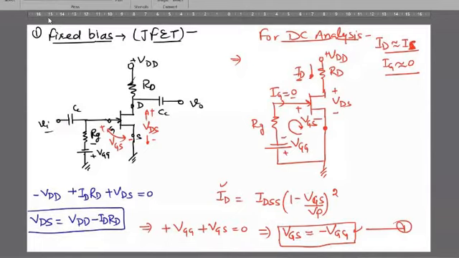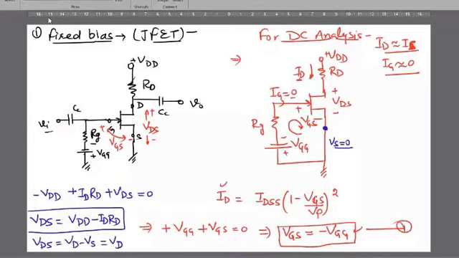And simply, if VS is the voltage at the source terminal, then VS equals to 0, because this is directly grounded, so we can say VDS equals to VD minus VS. VDS equals to VD minus VS, and VS is 0, so it will be equal to VD.